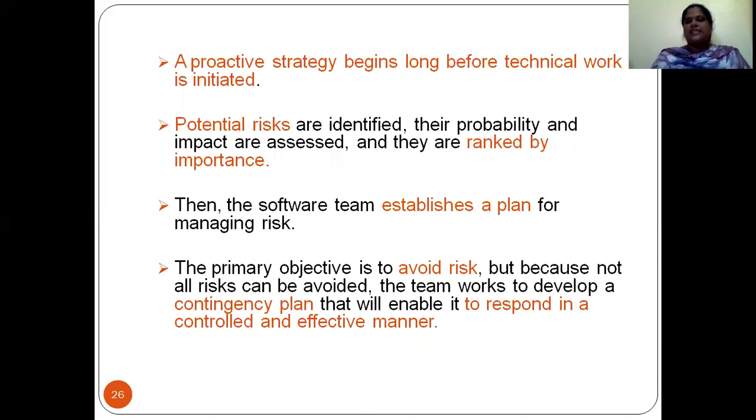Then the software team, after giving the rank, establishes a plan to manage the risk. Their primary objective is to avoid risk, but because not all risks can be avoided, the team works to develop a plan, so that they can respond to the risks in an effective manner.